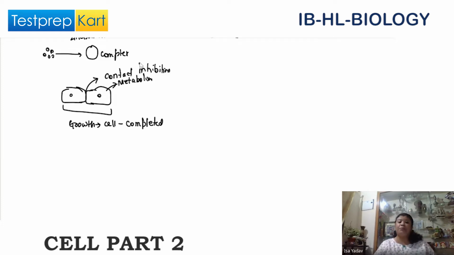Contact inhibition is an important property of the cell. It tells us when the cell is matured and is no longer going to grow, that it has grown maximally.